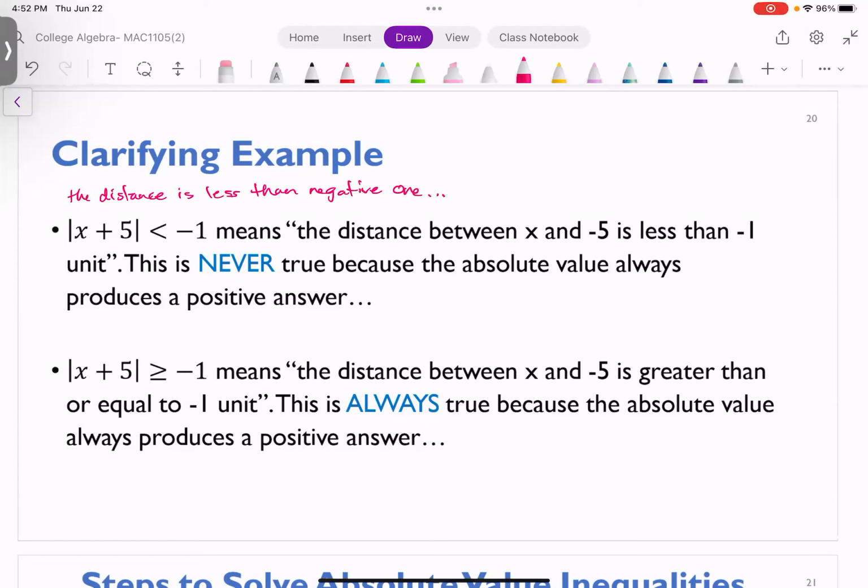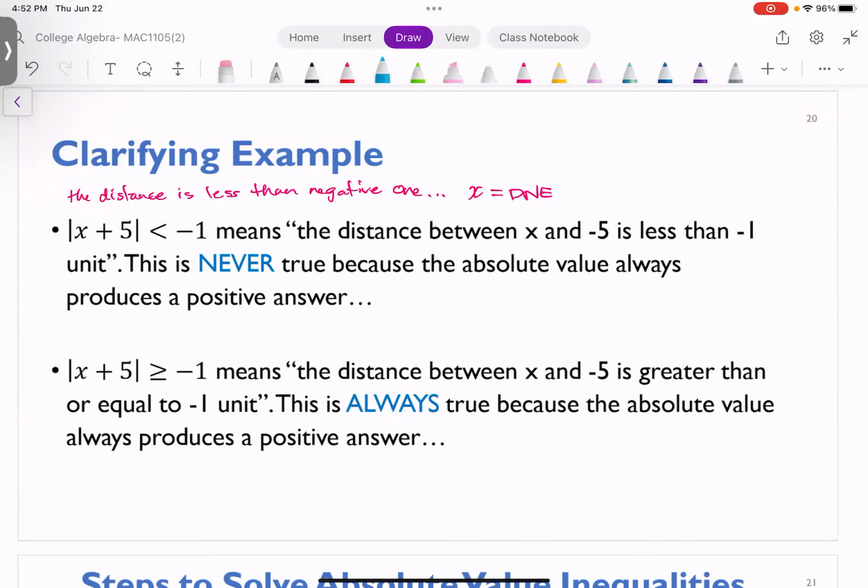This does not exist because -1 is already negative, and anything smaller than -1 will still be negative, and we cannot have a negative distance.